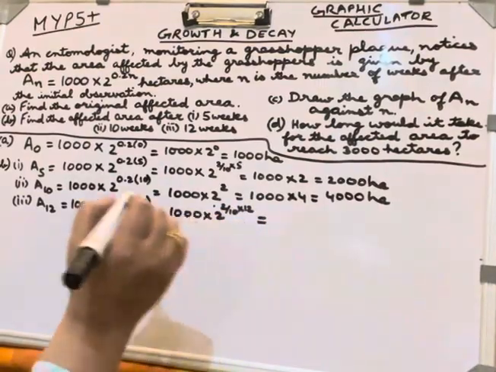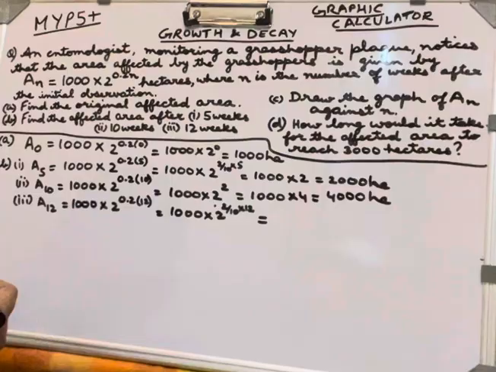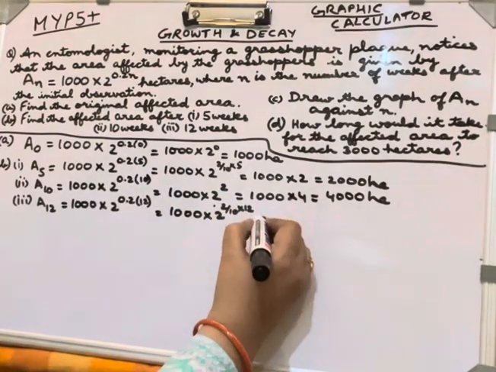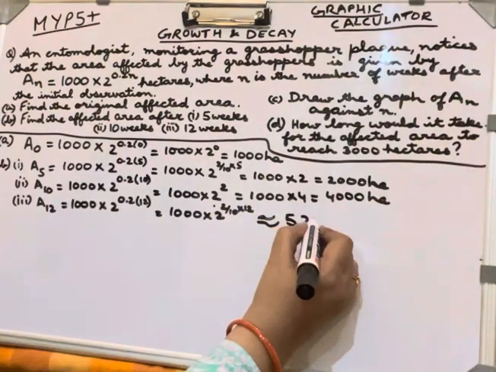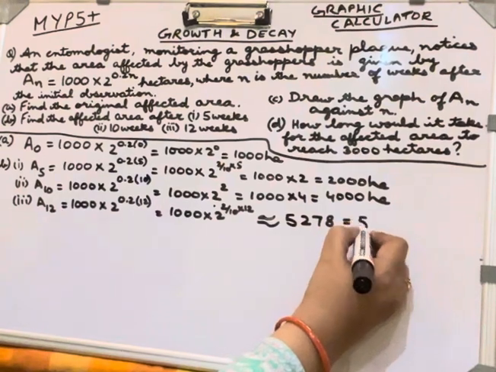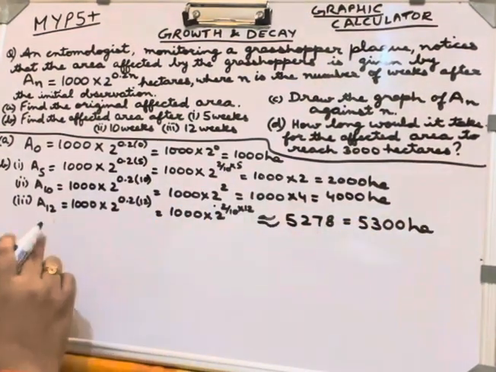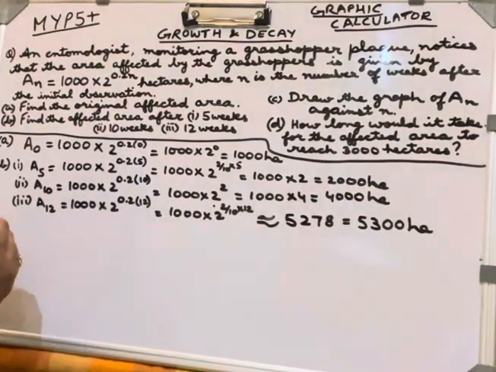Now we'll use a graphic calculator for this. So the value is approximately 5278, and rounding this we get 5300 hectare. So please use a graphic calculator to evaluate this value.